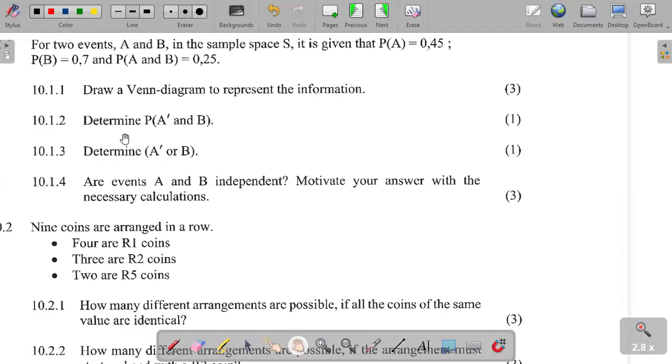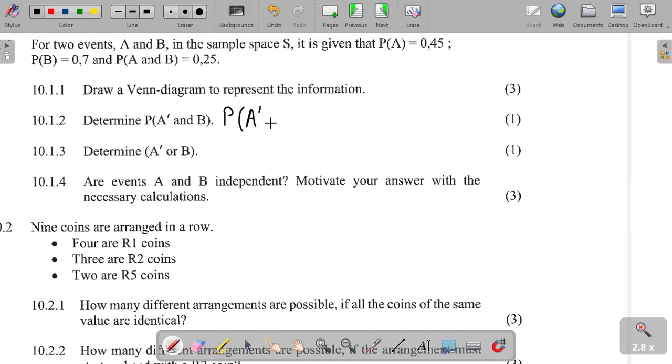Again, determine probability of A. Okay, this is not A. This is A prime, or the complement of A. So the probability here, again, you can see, guys, this thing is 1 mark.